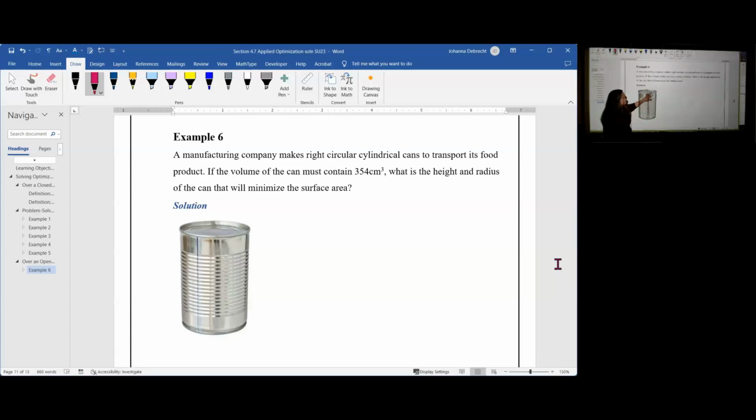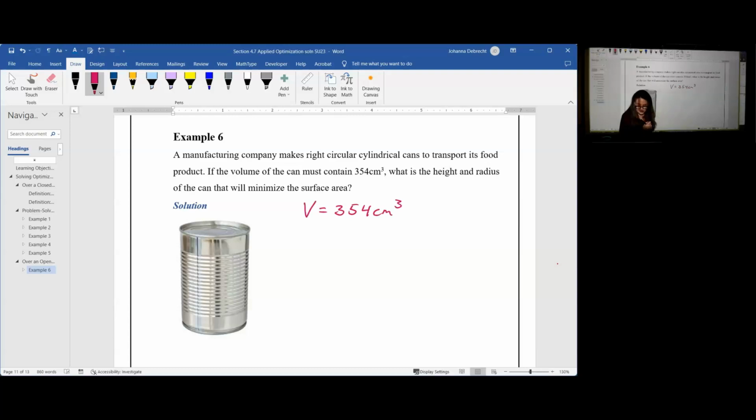If you don't have a right circular cylinder, draw one now, to transport its food product. If the volume of the can must contain 354 cubic centimeters, I should write that down. Volume is 354 cubic centimeters.